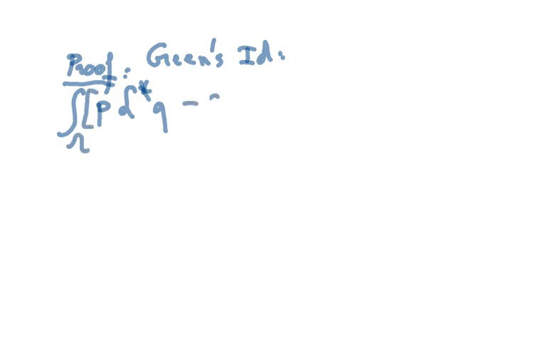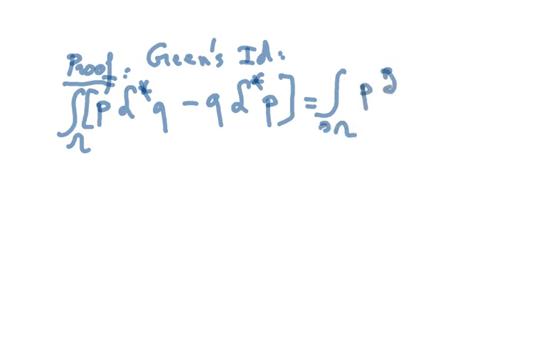We'll write it the following way. We calculate P L star of Q integrated over omega minus Q L star of P, and this is by Green's identity the integral over d omega of P dQ/dn minus Q dP/dn.